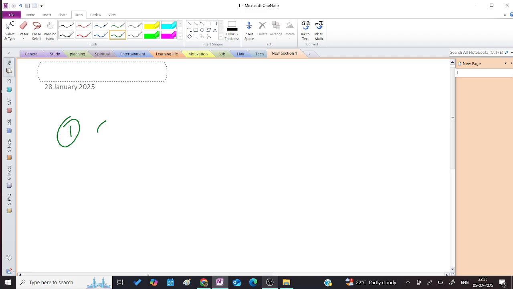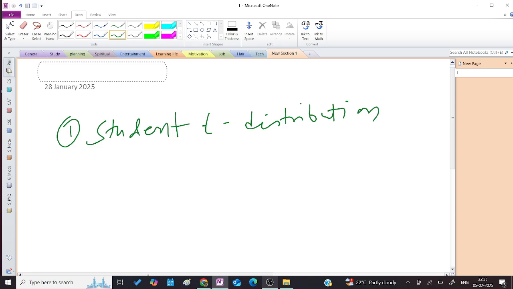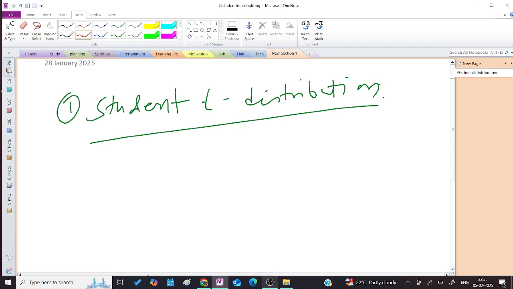Number one is the Student t distribution. Whenever there are some outliers, we need some type of distribution which may not be affected by the outliers.